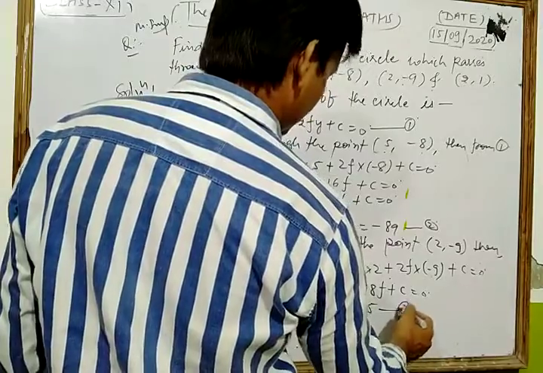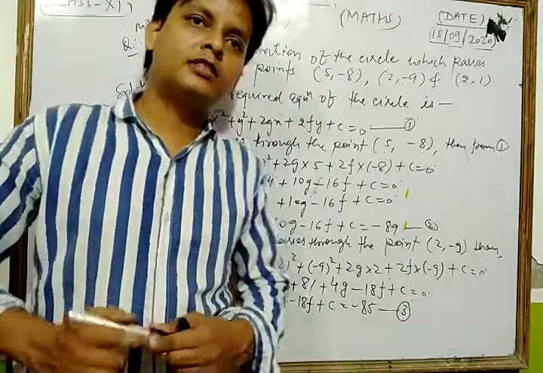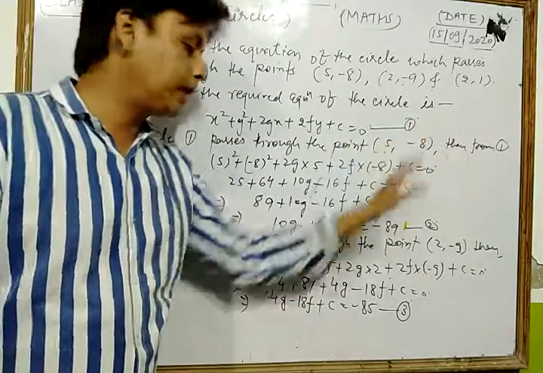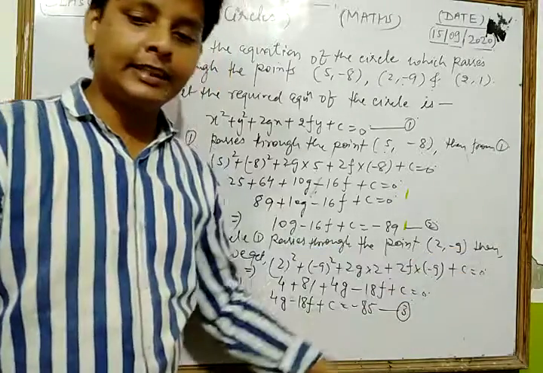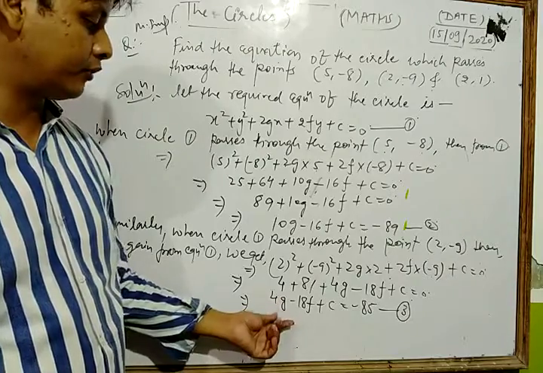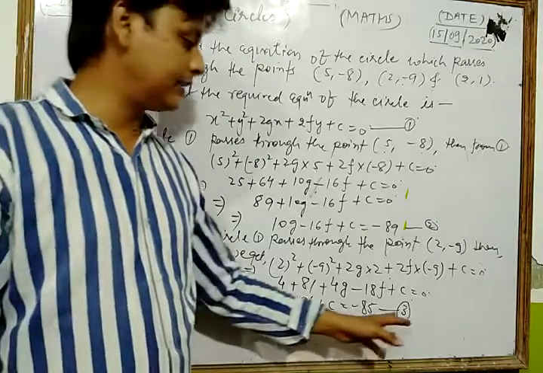Take equation number 3. Dear students, when circle 1 passes through the point 2 comma minus 9, in that condition we get the relation 4g minus 18f plus c is equal to minus 85.